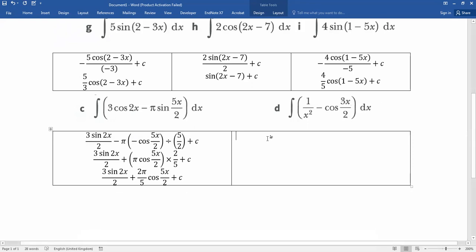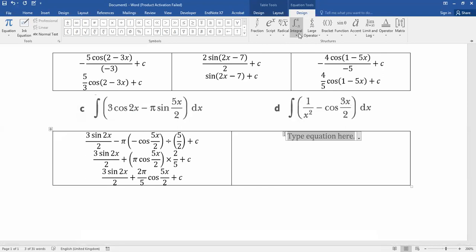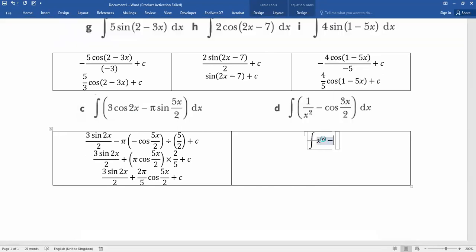First, we need to make sure it is integrable. So we'll bring the x squared in the numerator, minus cos of 3x upon 2. Okay, now we can integrate it. x to the power -1 divided by -1. Algebra will be integrated as we have already studied.